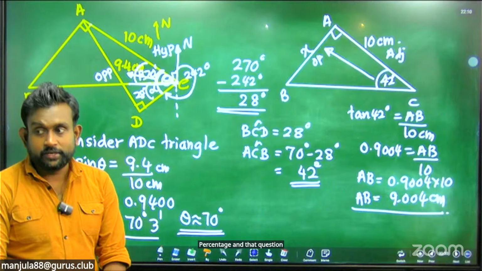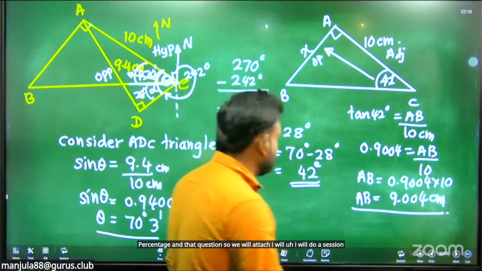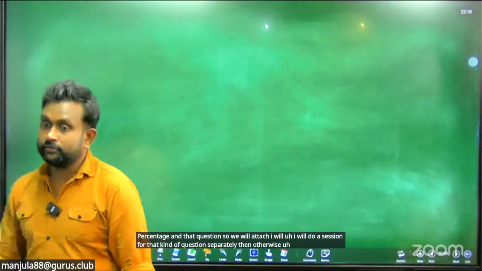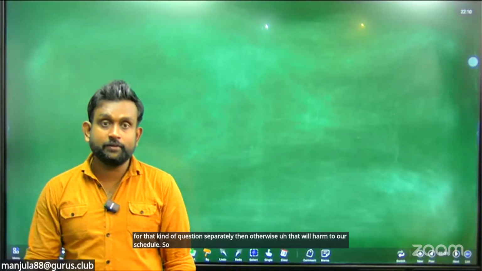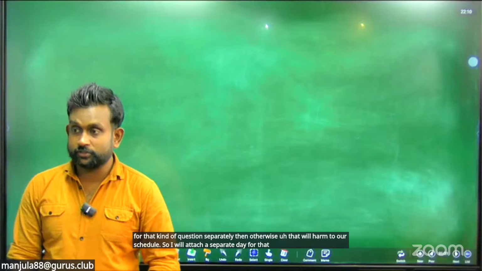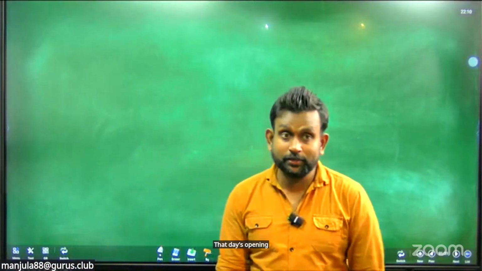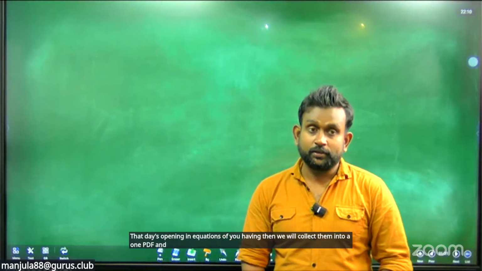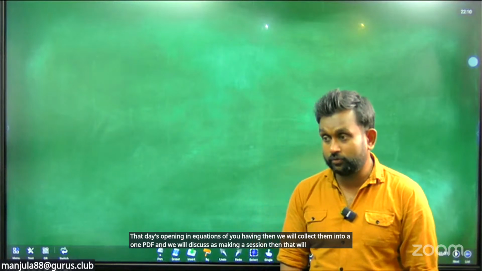So I will do a session for that kind of question separately. Otherwise that will harm our schedule. So I will attach a separate day for discussing the hard questions. So bring any questions you have, then we will collect them into one PDF and discuss them by making a session. Then that will work for the other students also.